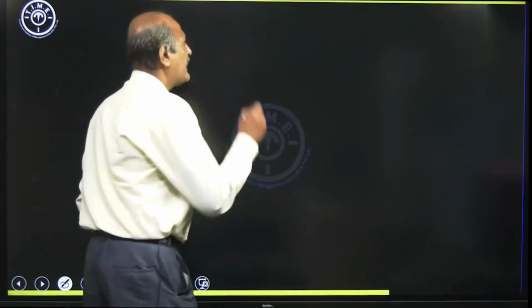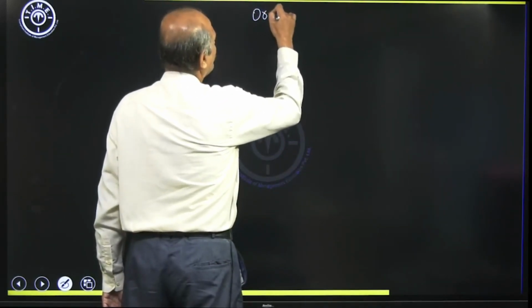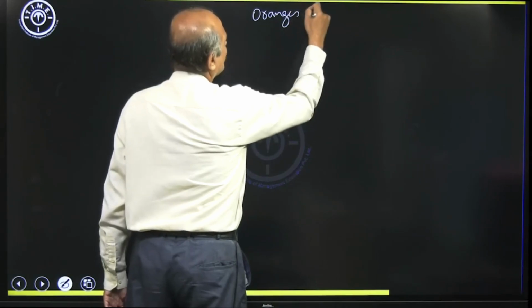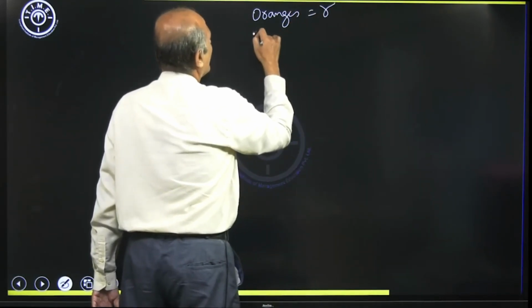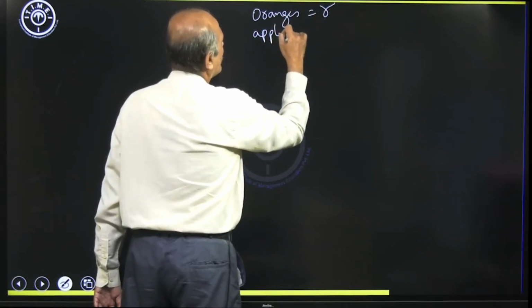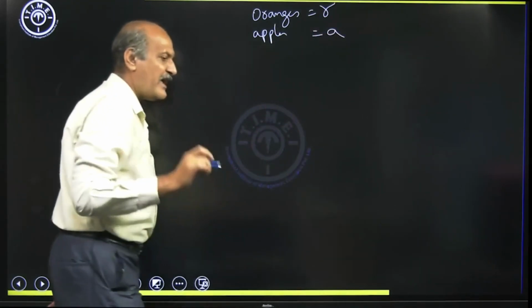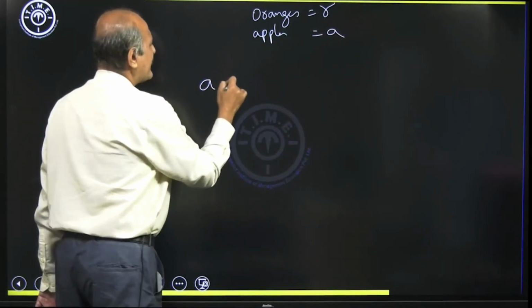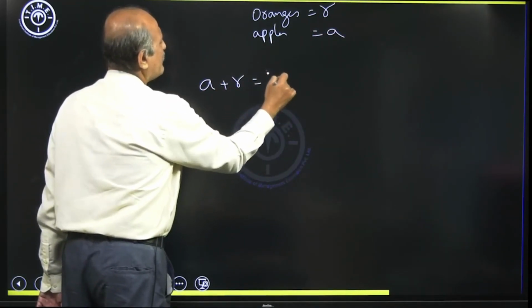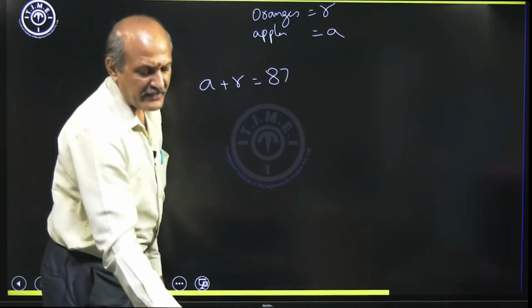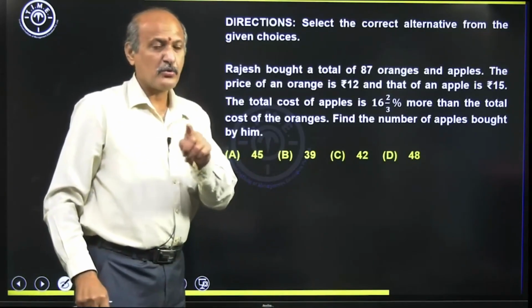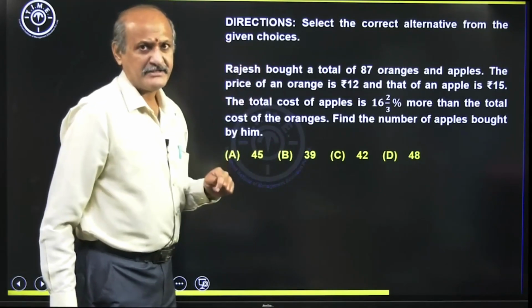Let me consider the number of oranges equal to R and the number of apples equal to A. So the given condition is A plus R is equal to 87.